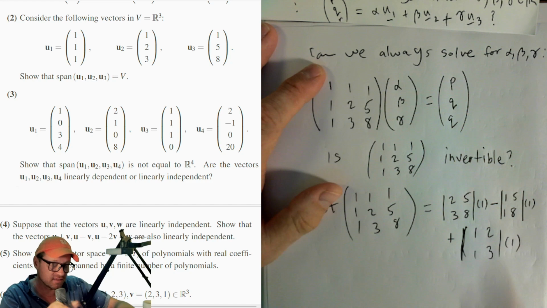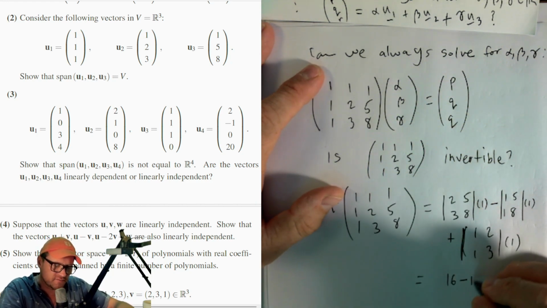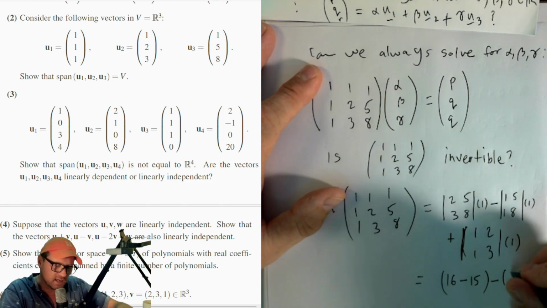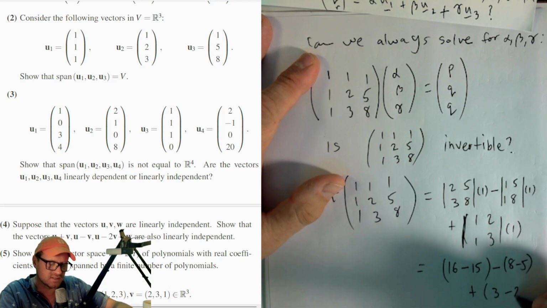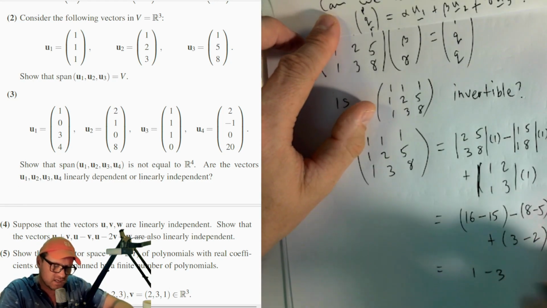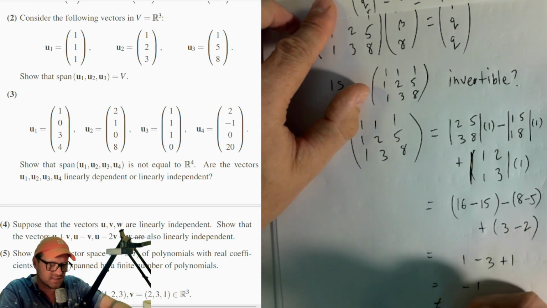Okay, so simplifying this, we have 2 times 8 is 16, so 16 minus 15 for 3 times 5, and then minus, in brackets, 8 minus 5, and then plus, in brackets, 3 minus 2. Okay, and so simplifying, we have 1 minus 3 plus 1, which is minus 1, and this is non-zero.